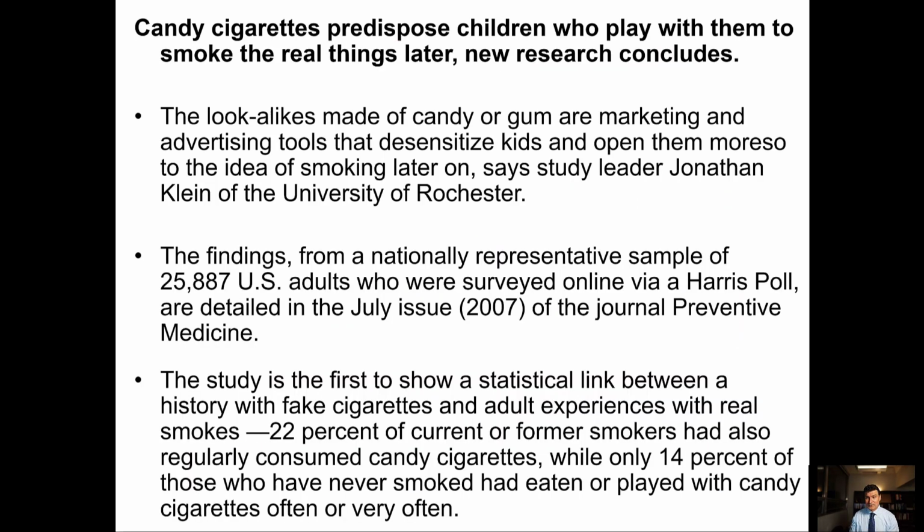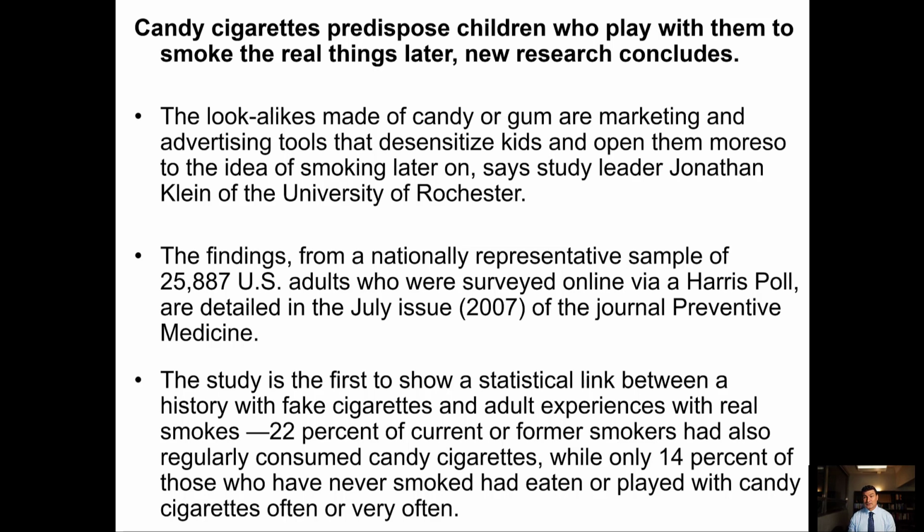All right, so this is a study that came out in July of 2007 in Preventive Medicine, and I like to look at this study to think about correlation and causation. It's this idea that kids who play with candy cigarettes might be more likely to smoke cigarettes as they get older.